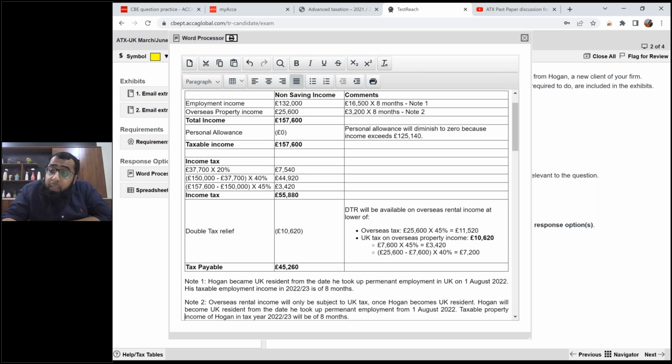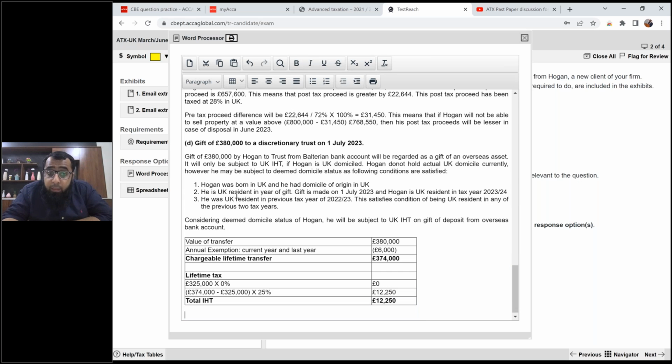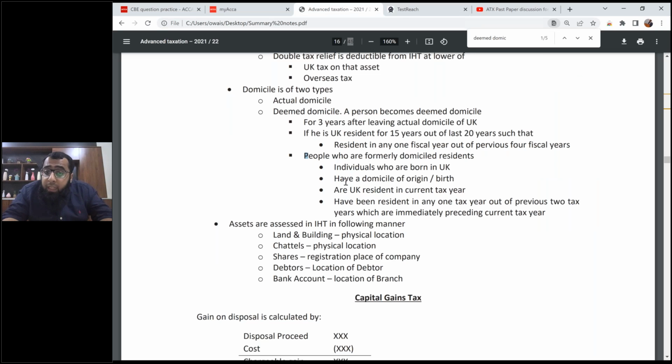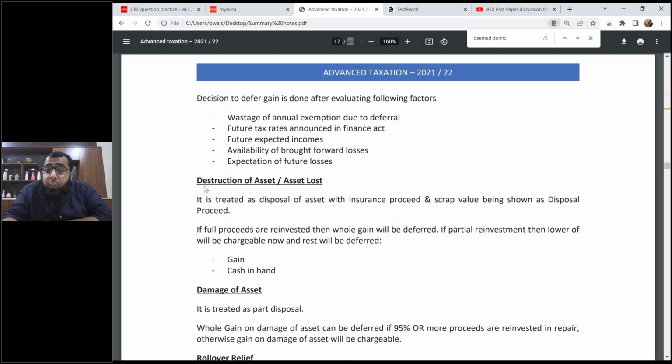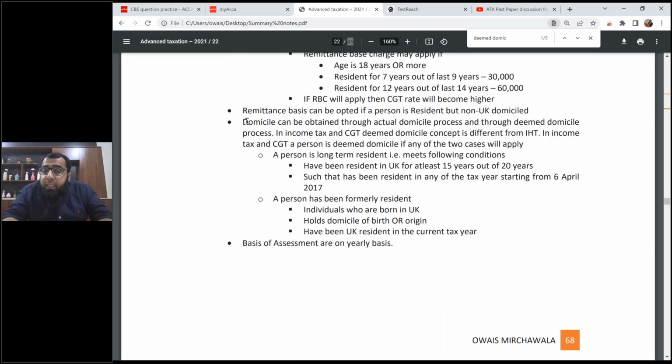The deemed domicile concept is in income tax and IHT both. I told you the deemed domicile concept is in income tax and IHT both. In income tax, if you go to individual overseas, there is deemed domicile in the IHT and CGT also.